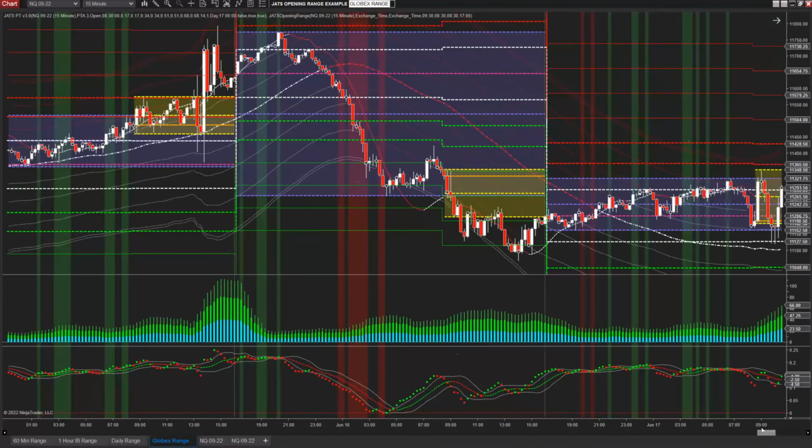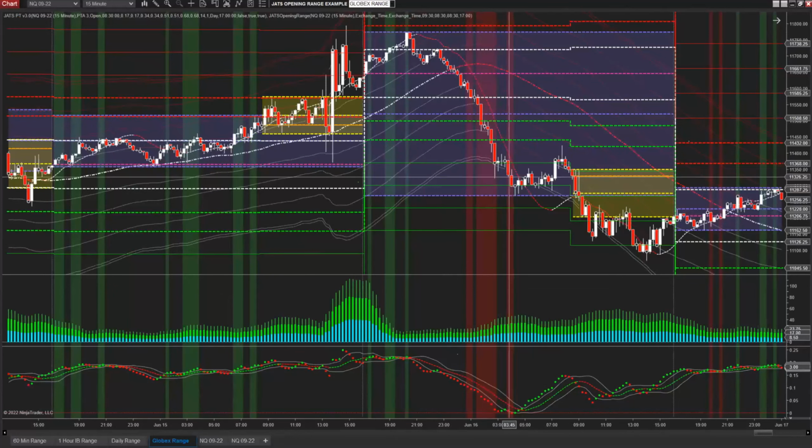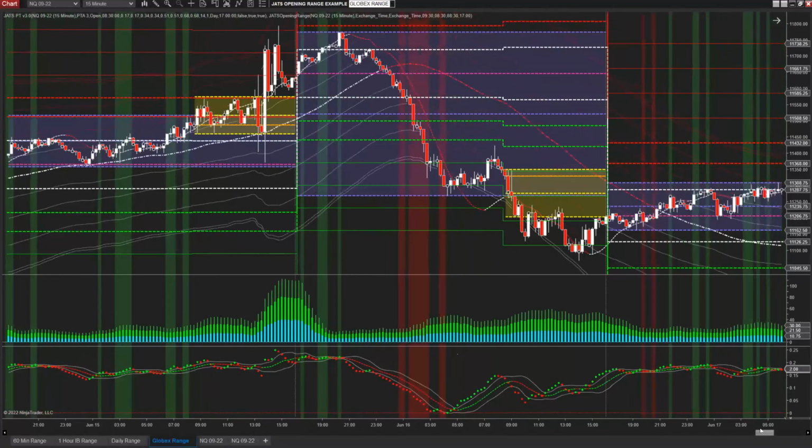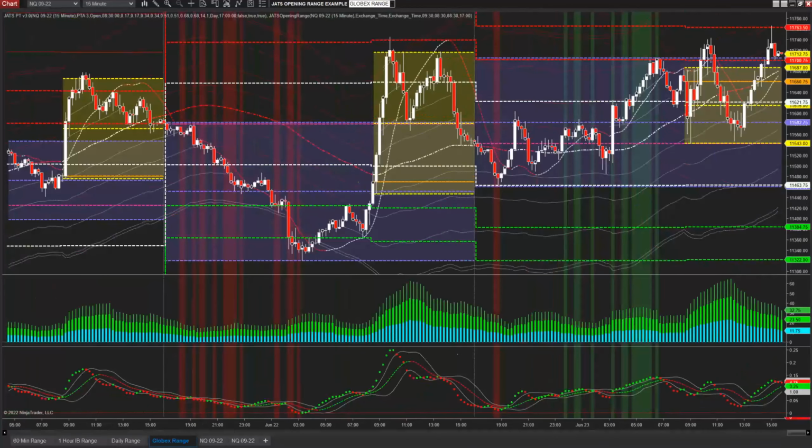So I like mine, using linear regression and momentum to help trade the bell curve. I also, you've seen me with charts using the volume profile from NinjaTrader, and that is wonderful.